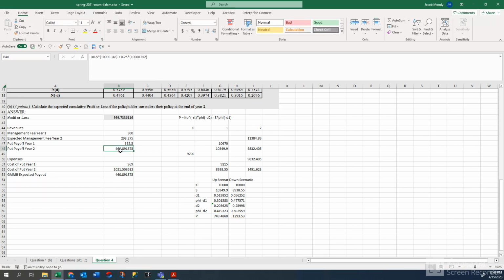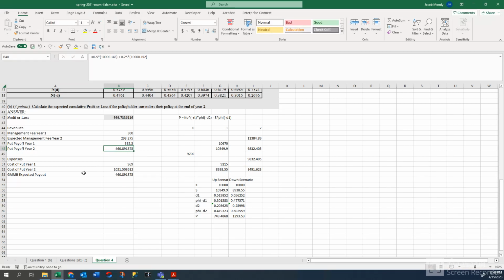The payoff is a weighted average of the difference from 10,000. Notice that this has a 50% chance of this blue cell, and I'm including this scenario right there as a 50% because each of these has a 25% chance of happening. And then a 25% of 10,000 minus this red cell of the down scenario right there.